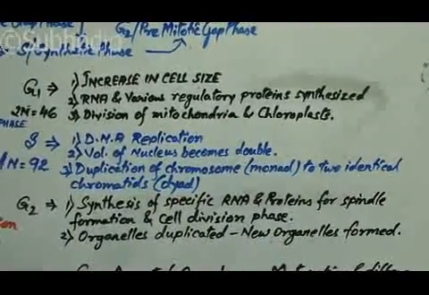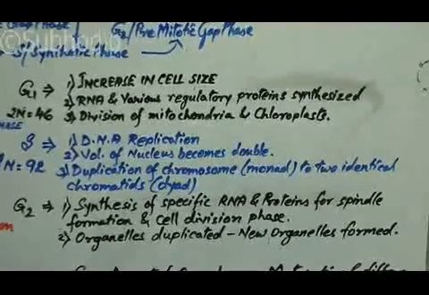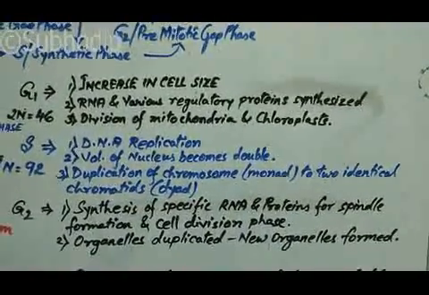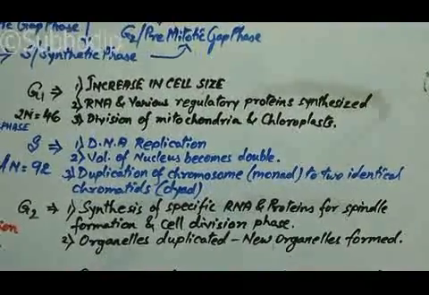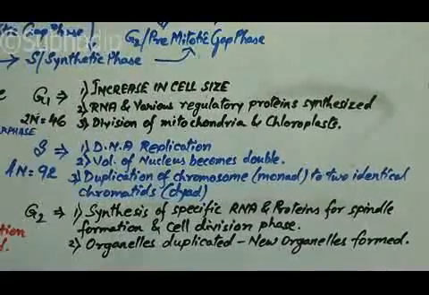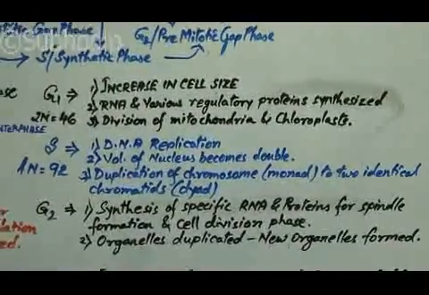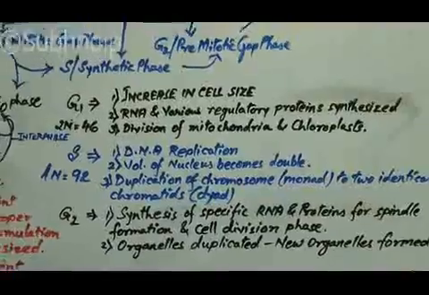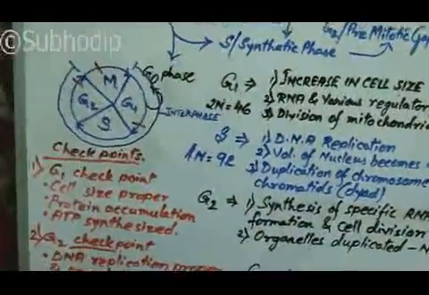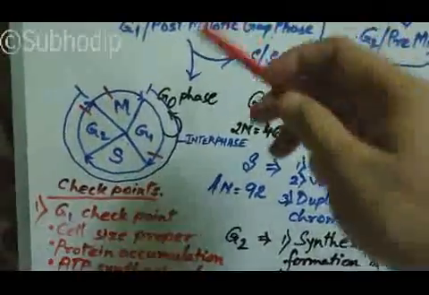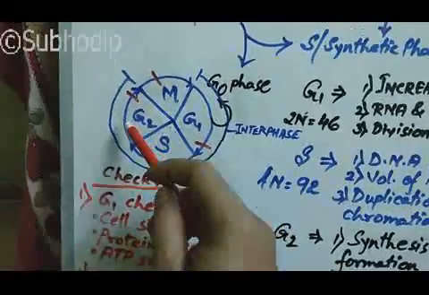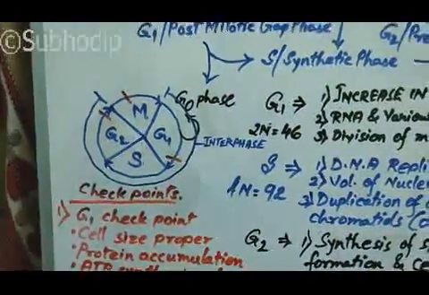Organelles are duplicated, new organelles are formed as the mother cell is going to divide into two identical daughter cells. This is the summary of the interphase, as the interphase constitutes only the G1, S and G2 phases.